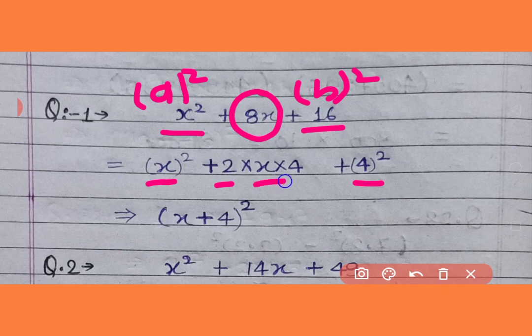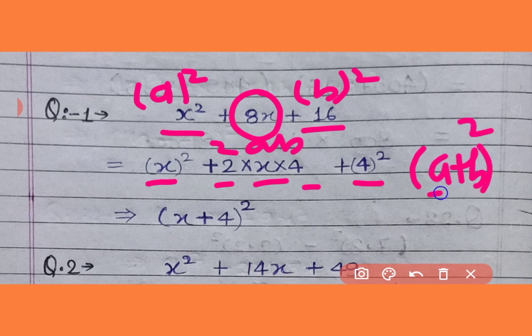So it is in the form of x square plus 2 multiplied with x multiplied with 4 plus 4 square. Now it is in the form of a square plus 2ab plus b square. Then its shortest form will be (a plus b) whole square.